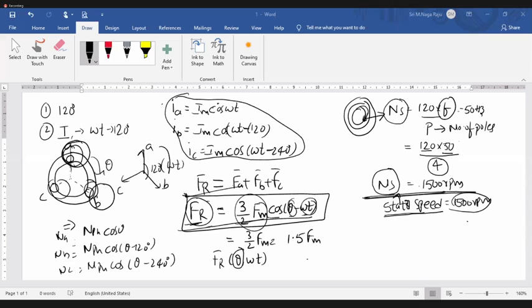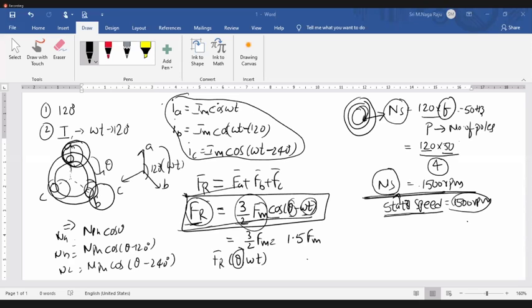Suppose the rotor rotates at a speed of 1000 rpm. What is the relative speed now? 500. Yes, the relative speed is 1500 minus 1000, 500 rpm.